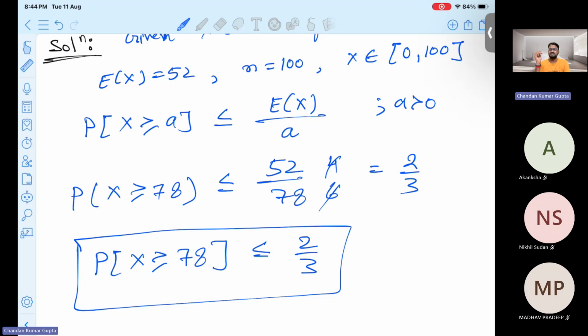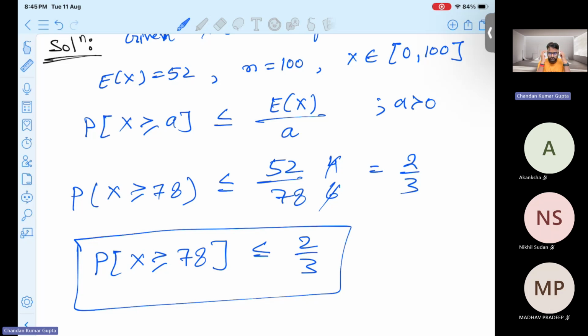This is the upper bound that 66.67% of the students scored more than 78. This is the bound. That means no more than 70% or 72% of students will get 78 or more marks.